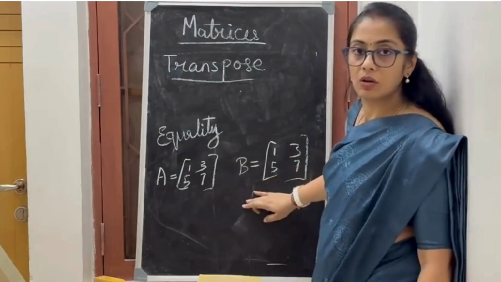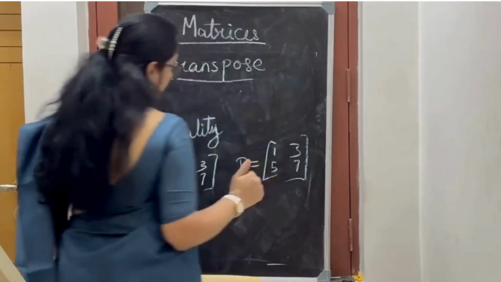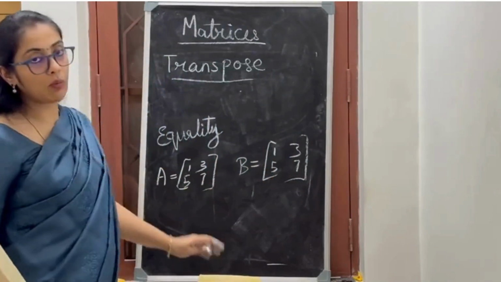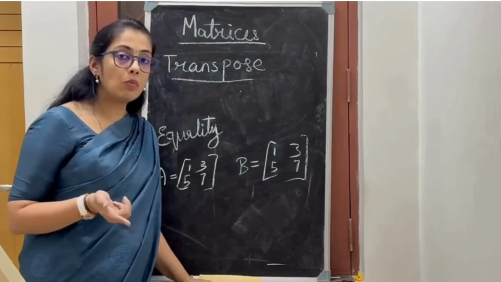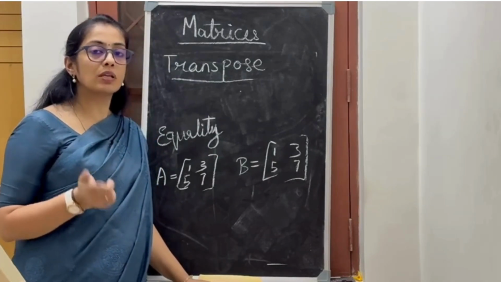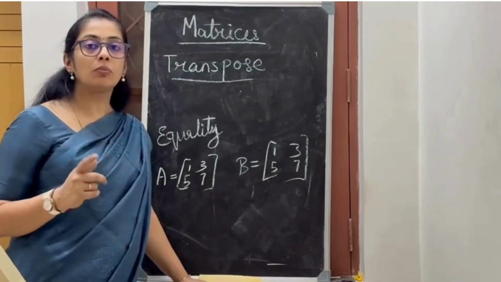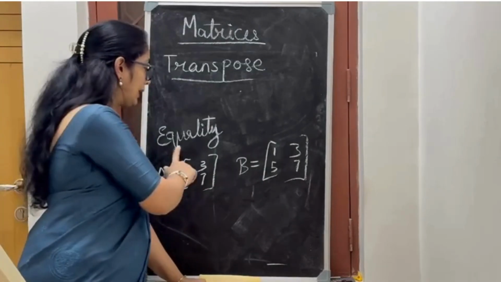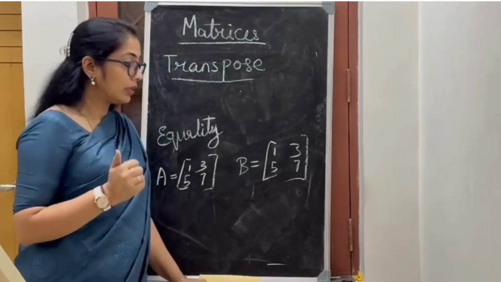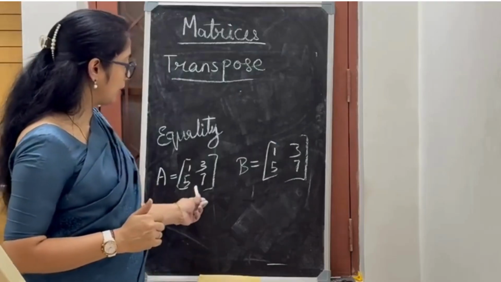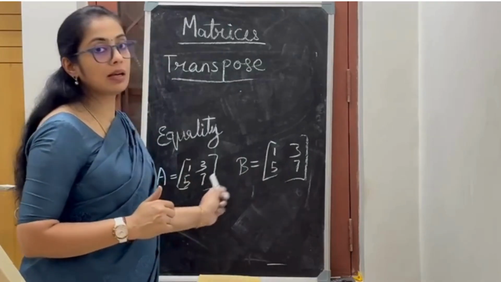These 2 matrices are called equal. Why are they called equal? Because they are of the same order. Same order means the number of rows and columns are the same. When the number of rows and columns are the same, the 2 matrices are of the same order, or they are called equality matrices. One more thing to observe is that the elements are the same.